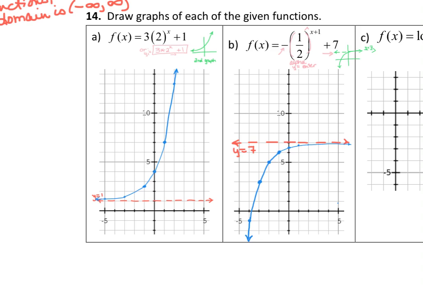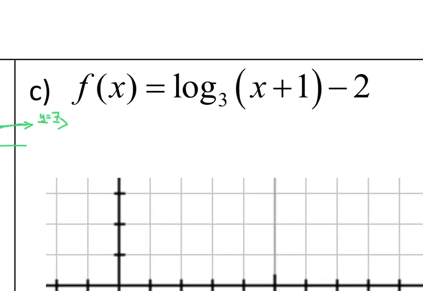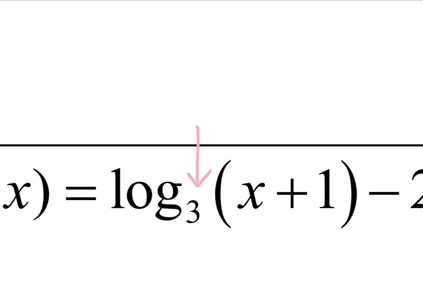Go ahead and clear your calculator again, and we'll draw the graph for letter C. Go to the y equals window, and remember to get that log with a different base. To get the base 3, you want to do alpha window and then number 5.